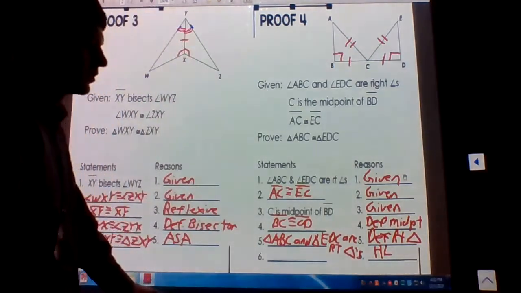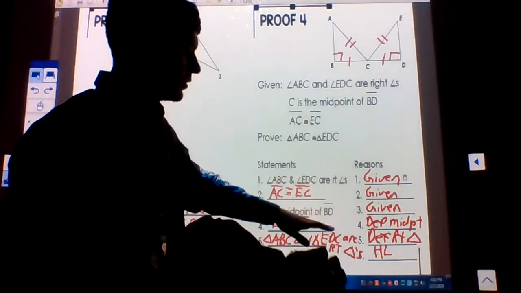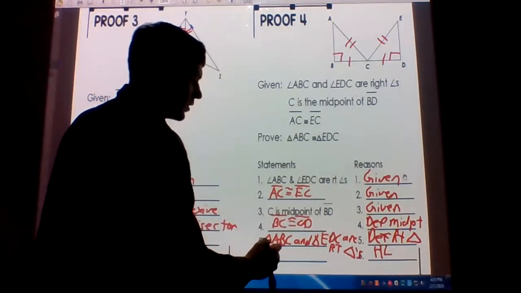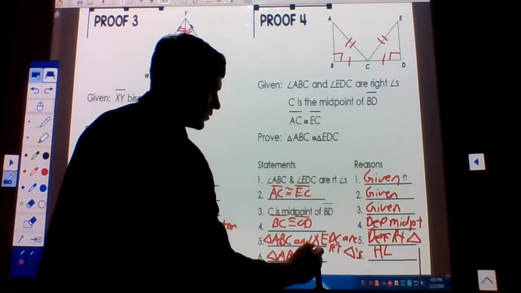Okay. So these two triangles are right triangles. We now have right triangles with hypotenuses that are congruent and one pair of congruent legs. So we can use HL to show that our triangles are congruent. Triangle ABC is congruent to triangle EDC.